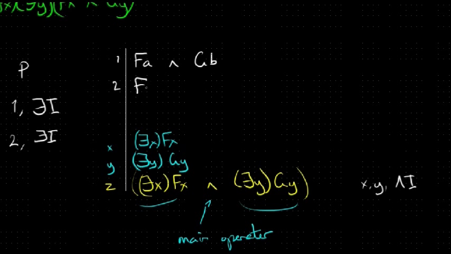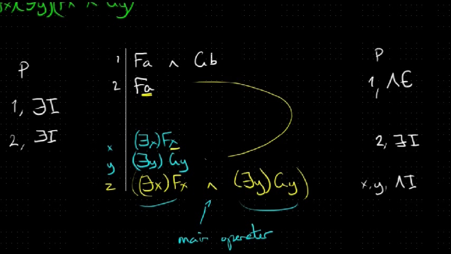So if on line 2 we did, sorry, this is a premise, if we did a conjunction elimination on 1, we could get FA, and then for line X we could just say 2 existential introduction, because we'd have replaced, say, look, let's replace this A with this X. Right, so A goes to X, and then we'll bind that X with an existential quantifier, and we can do exactly the same to get to EY, GY.